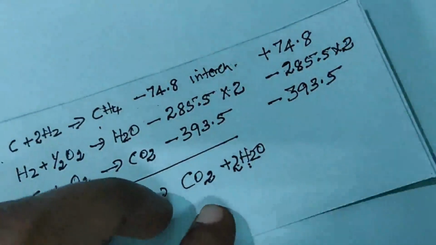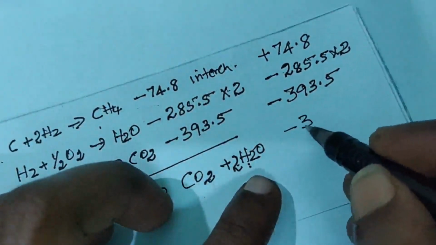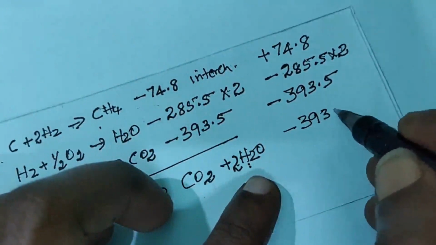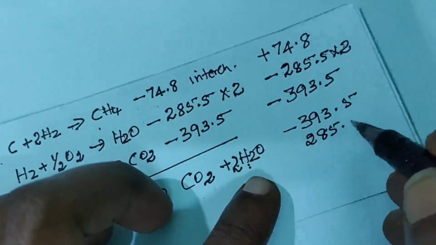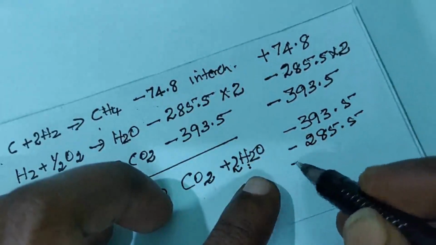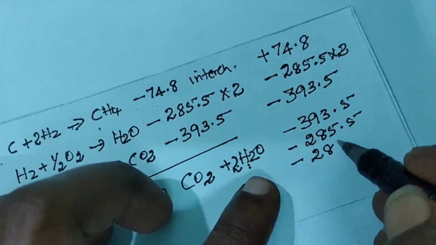So here the values are minus 393.5, minus 285.5, and minus 285.5.